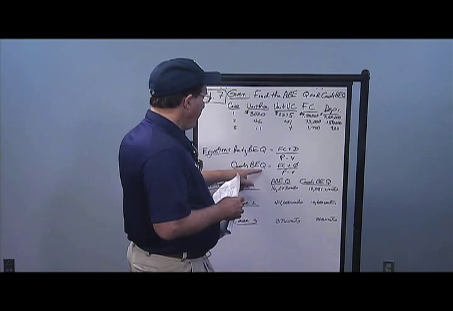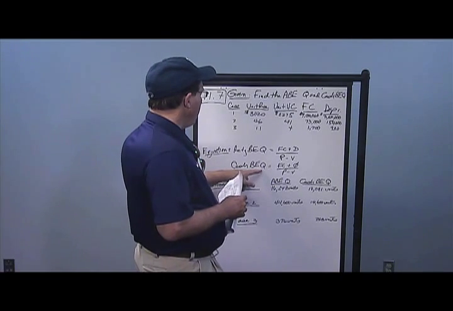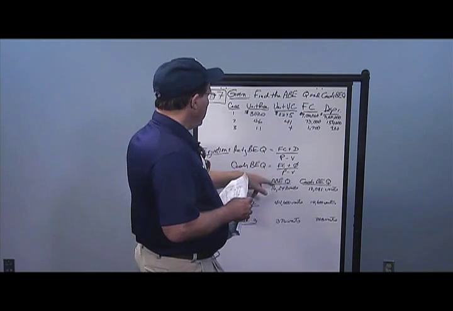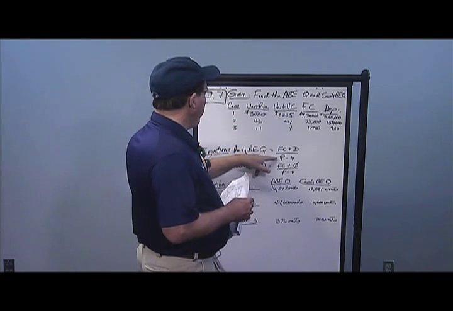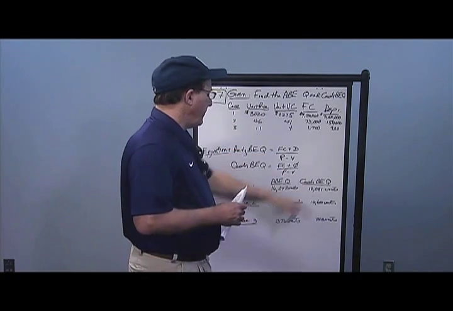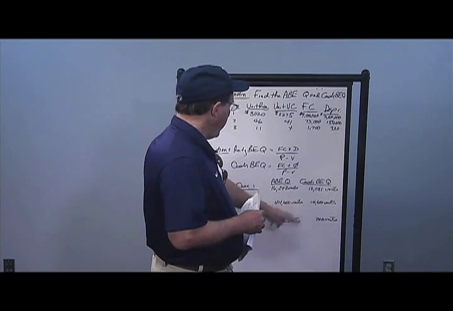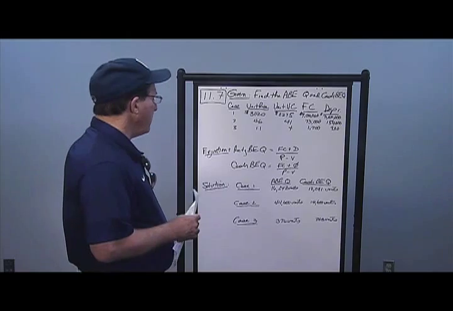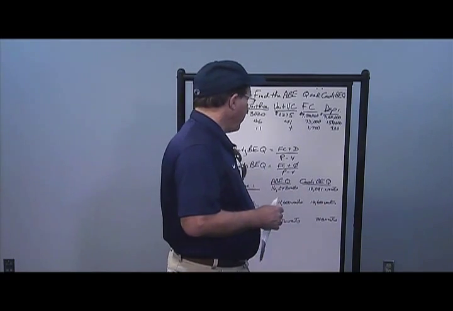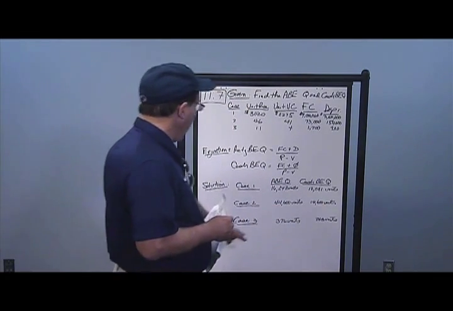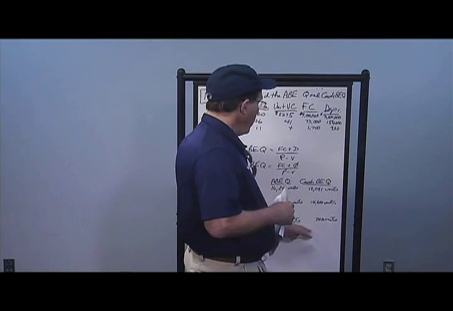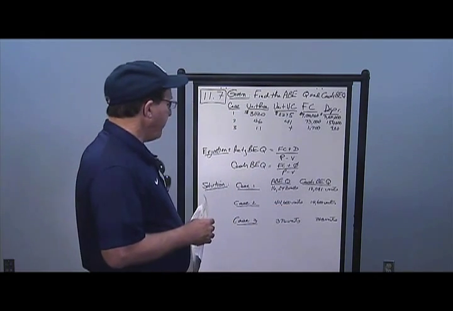For the cash break-even point, I take fixed cost of $9 million divided by contribution margin of 3020 minus 2275, and I get 12,081 units. Case 2, accounting break-even 44,600 units, and cash break-even 14,600 units. And for case 3, accounting break-even 376 units, and cash break-even 243 units.